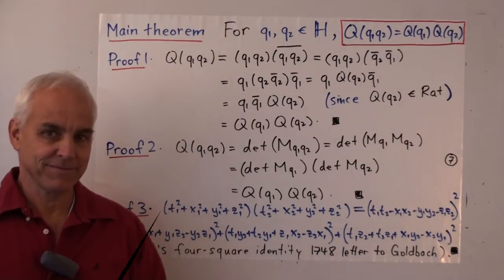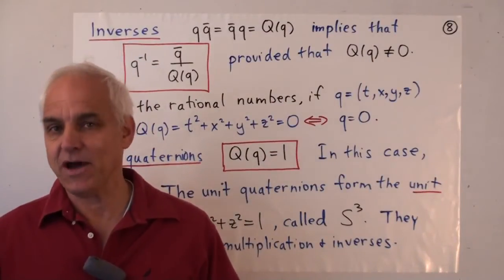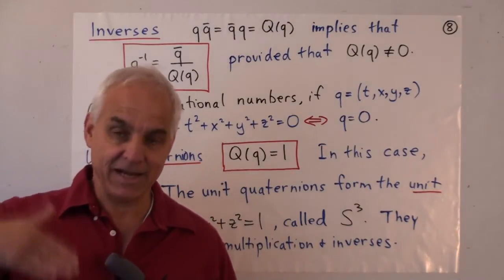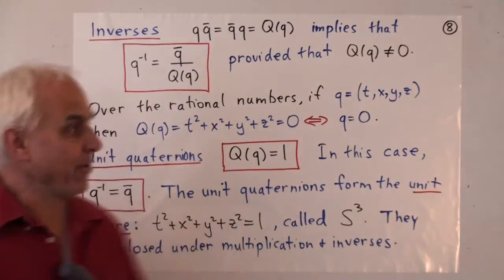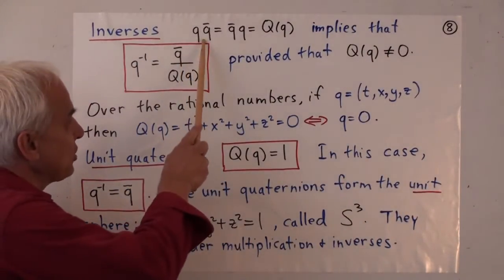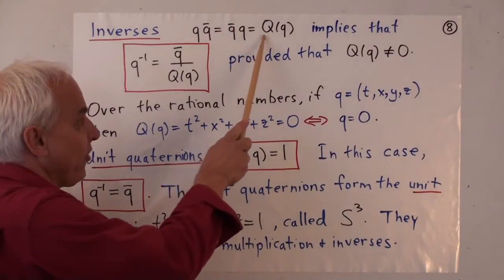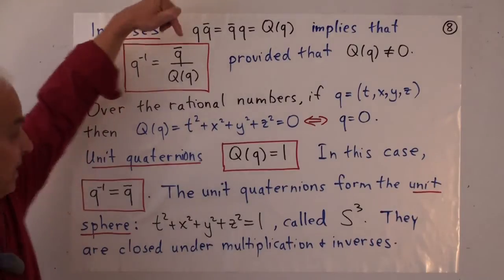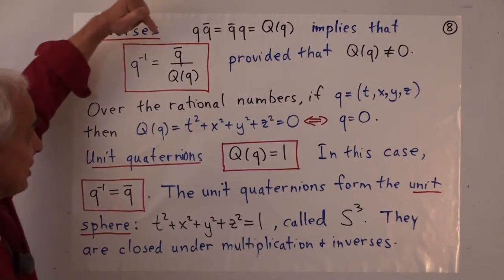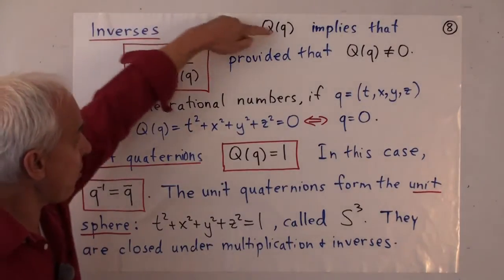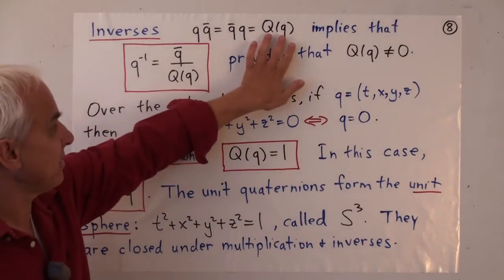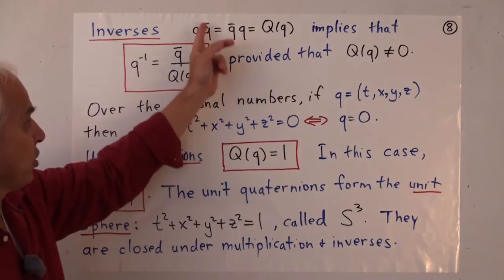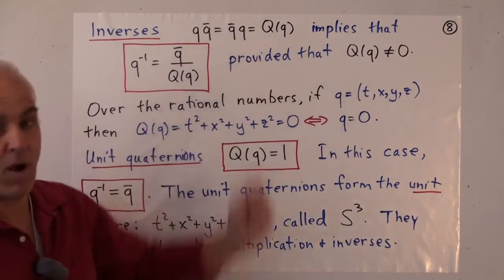Remarkable stuff. This quadrance allows us to write down a formula for the inverse of a quaternion. And it's exactly analogous to the inverse of a complex number. So the fact that Q times Q bar equals Q bar times Q equals the quadrance of Q, and this is a number, implies that if we want to find the inverse of Q, we just need to take Q bar divided by the quadrance of Q. In other words, if you take this and divide both sides by the quadrance of Q, you get Q times Q bar over the quadrance of Q equals 1.